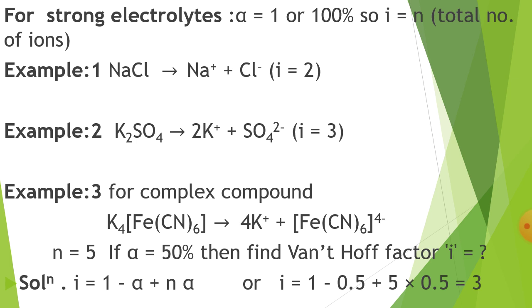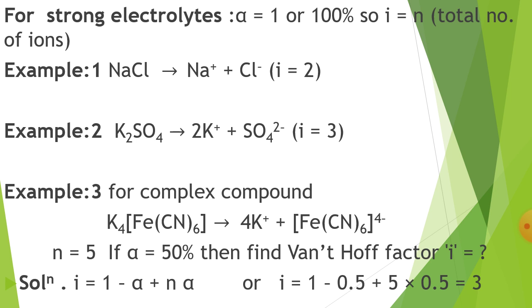In that condition i equals 3 and hence n is also equal to 3. Now example 3, the complex compound K4[Fe(CN)6] breaks into 4K plus and 1 [Fe(CN)6] 4 minus. Here the value of n equals 5.